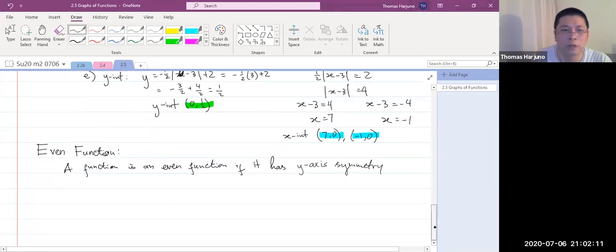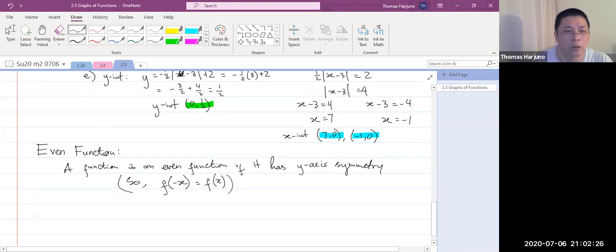Therefore, to show that a function is an even function, you need to show that when you replace x by -x, you get f(x). That's what you need to show.